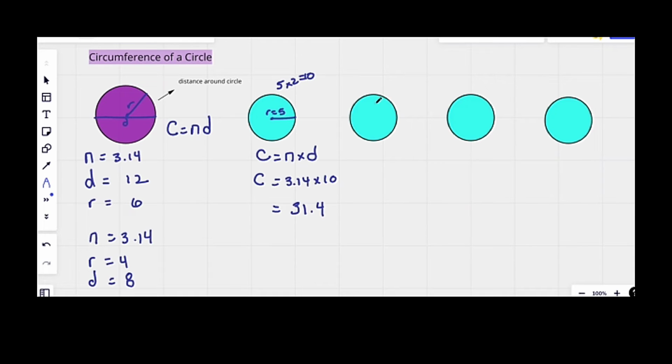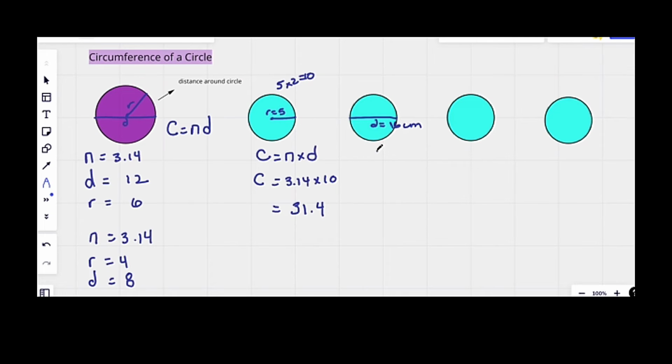Okay, let's do another one. So this time we're going to look at one where they're going to tell us, okay, the diameter, so from one side to the other, the diameter equals 16 centimeters. Okay, and we need to calculate the circumference, so the distance around the circle.